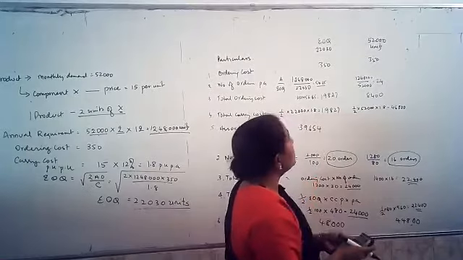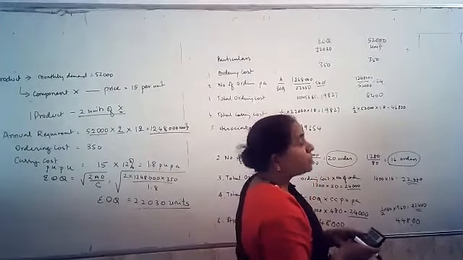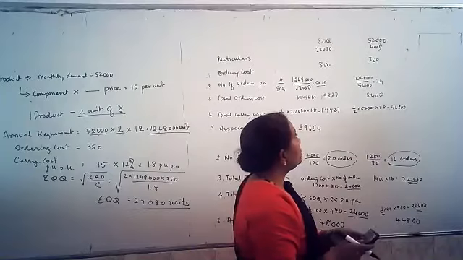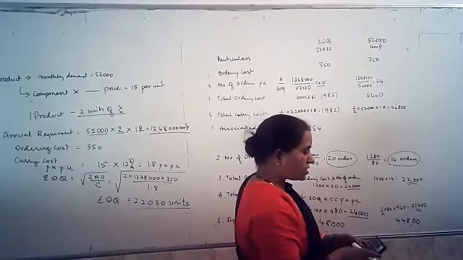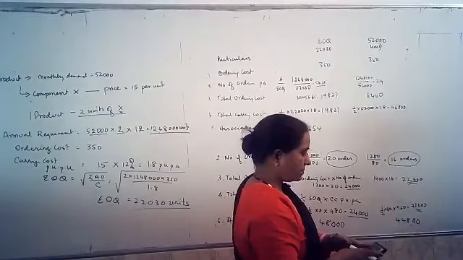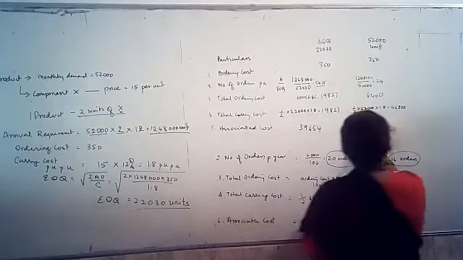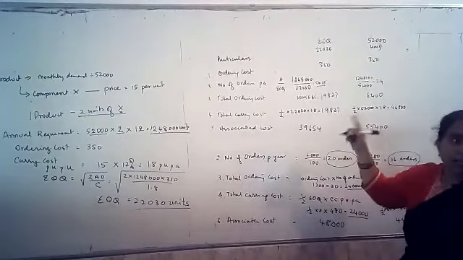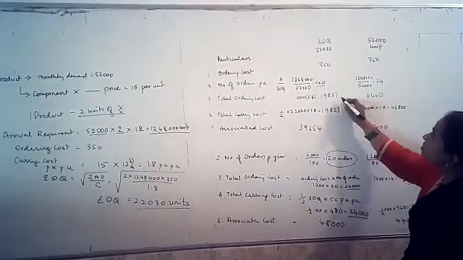With respect to 52,000 units, if I order 52,000 units, then my associated cost is 46,800 plus 8,400, so 55,400. Look here: since I order more, my ordering cost is less.